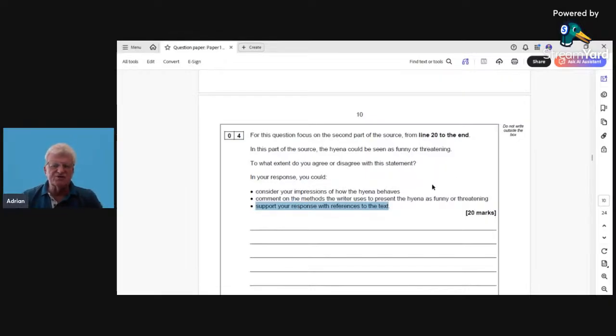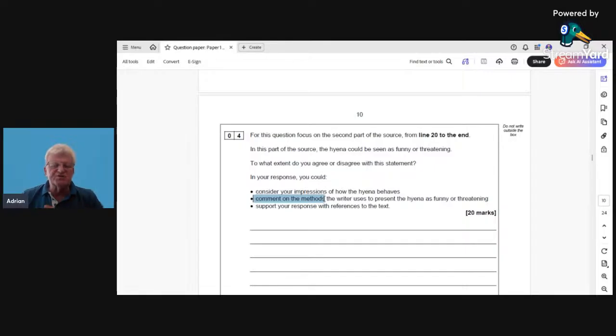So when it says consider your impressions, I would basically not use "I believe" necessarily. I would say the way the writer creates this impression is A, B, and C. It also makes sure that you use a mixture of the ways that the writer used.